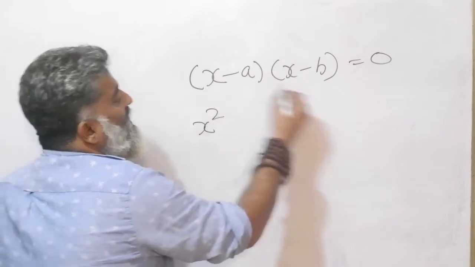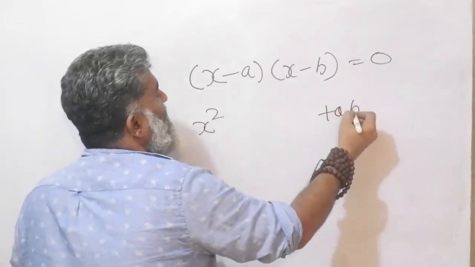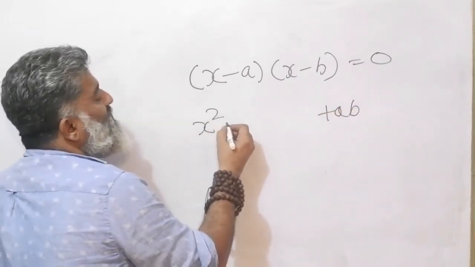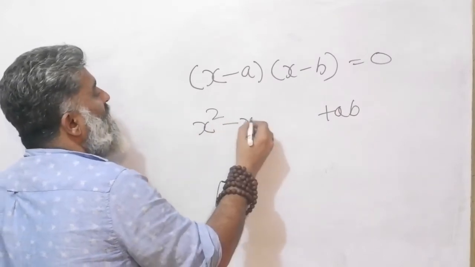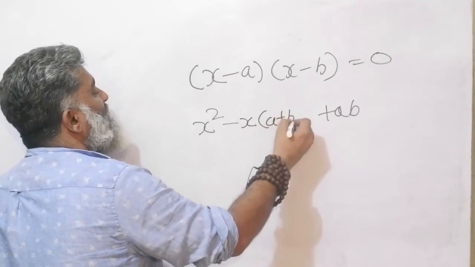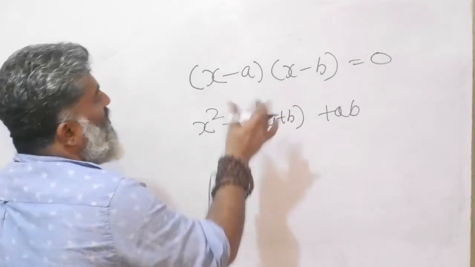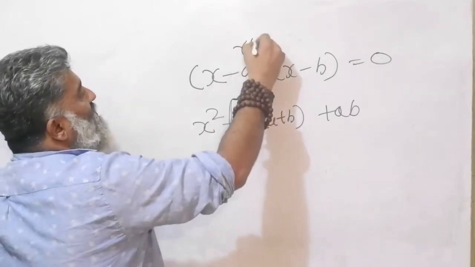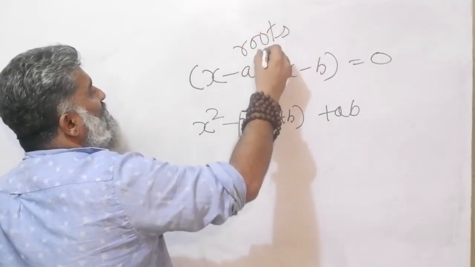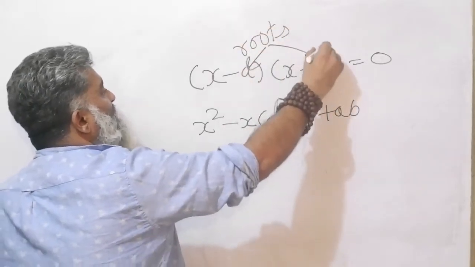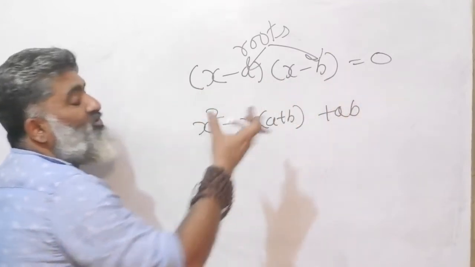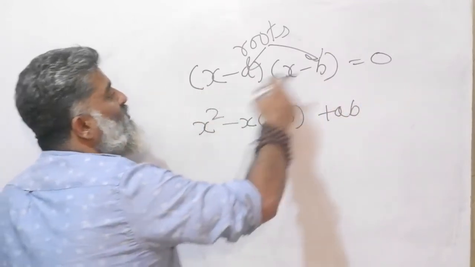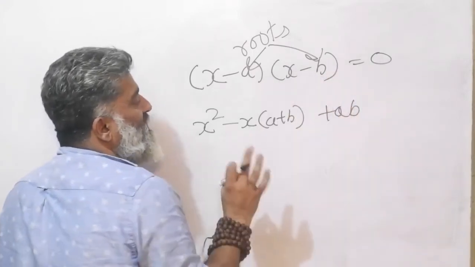You get x², in the last term you get ab, and in the middle term you get -x(a + b). Now just by looking at this expression you know the roots are a and b. Why? If you make x equal to a, this will become 0. If you make x equal to b, this will become 0. So the overall result will become 0 at these two points.